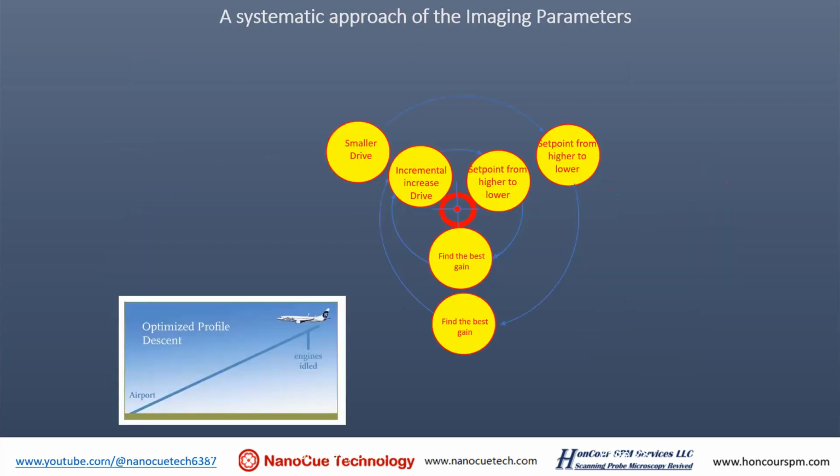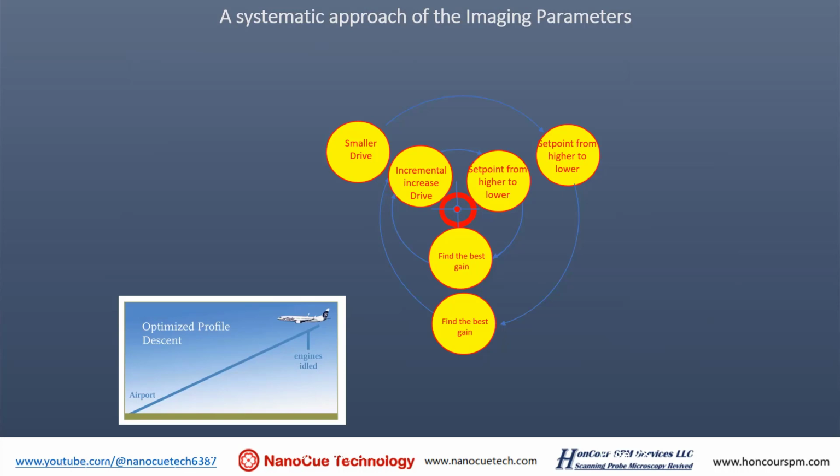Again, we still have a lot of parameters to adjust. How do you optimize the parameters? Here's a sequence to make sure you start with a lower force and gradually increase the force. You start with a small drive, and then you manipulate your set point from higher to lower. Then you find the best gain by manipulating the gain and get your best data.